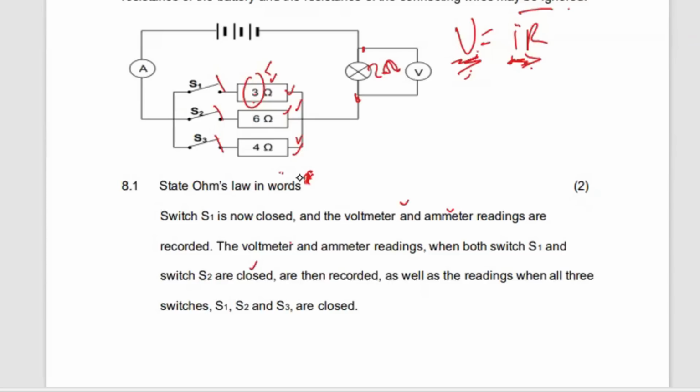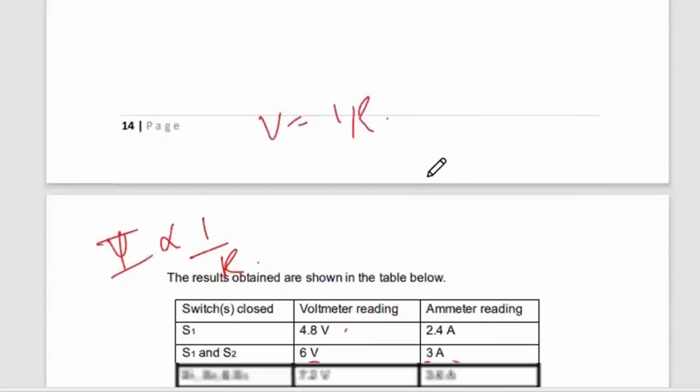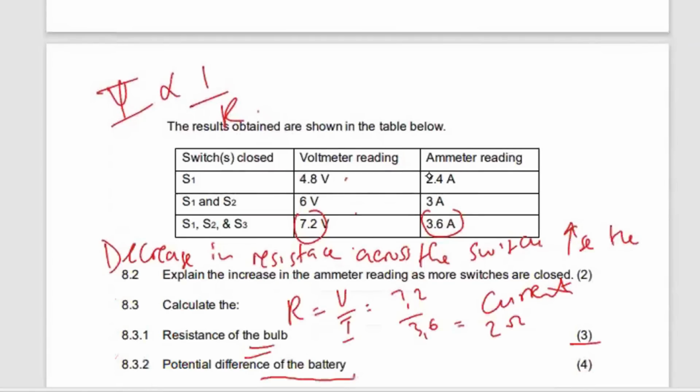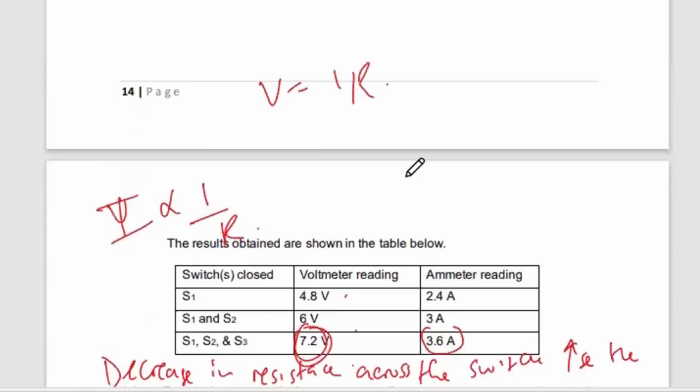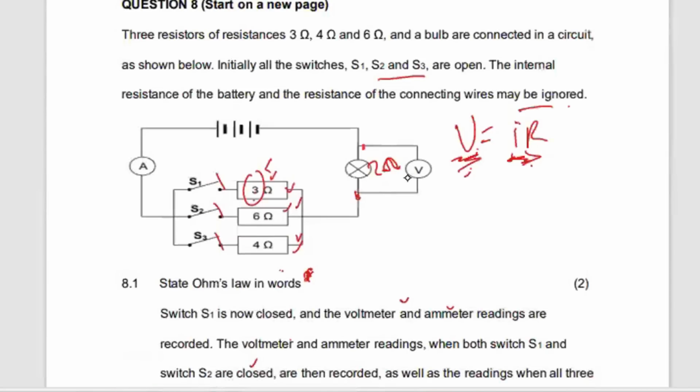So we can start by getting the voltage that is across the bulb. We already have it as 7,2. But remember, this bulb is a resistor on its own, which is connected in series with this parallel combination. So when resistors are connected in series, the voltages across them will be different.